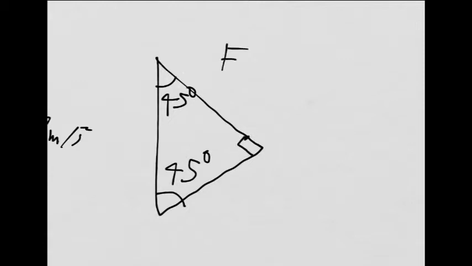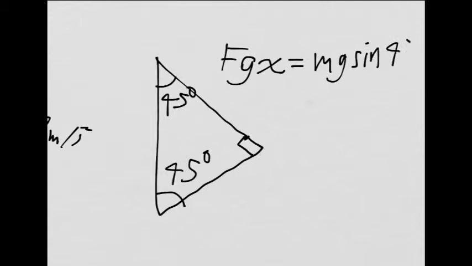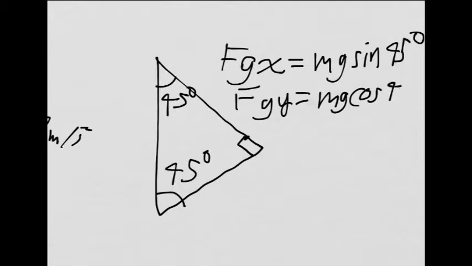So the force of gravity in the x direction is mg sine of 45 degrees. The force of gravity in the y direction is mg cosine of 45 degrees.